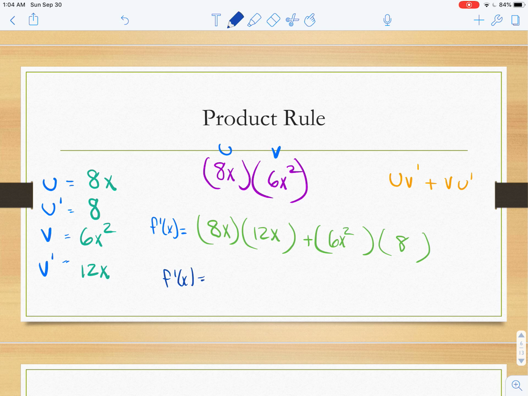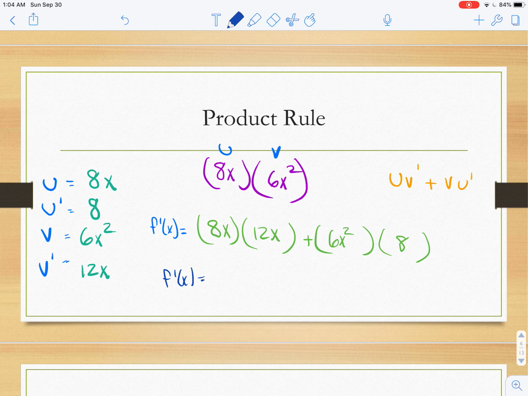Okay? So the rule for the quotient rule is going to be, let's put a nice color here, orange. All right. So the rule is going to be our v multiplied by our u prime minus our u, let's correct that, minus u times our v prime.